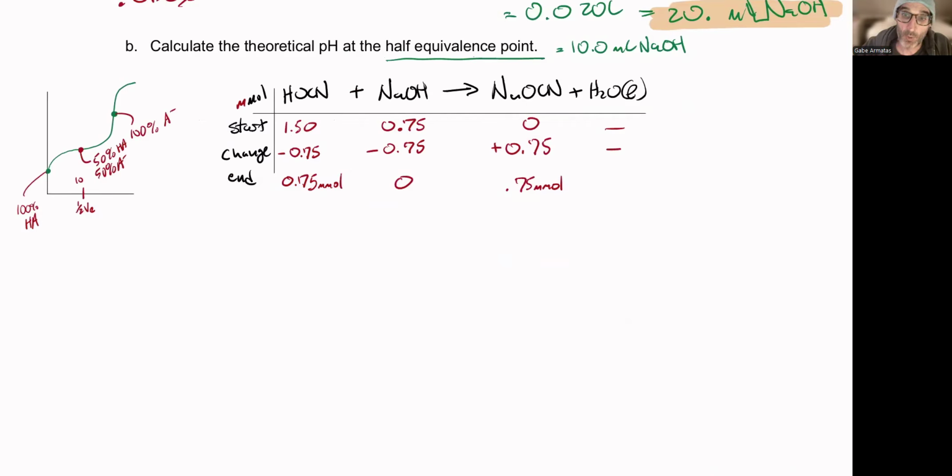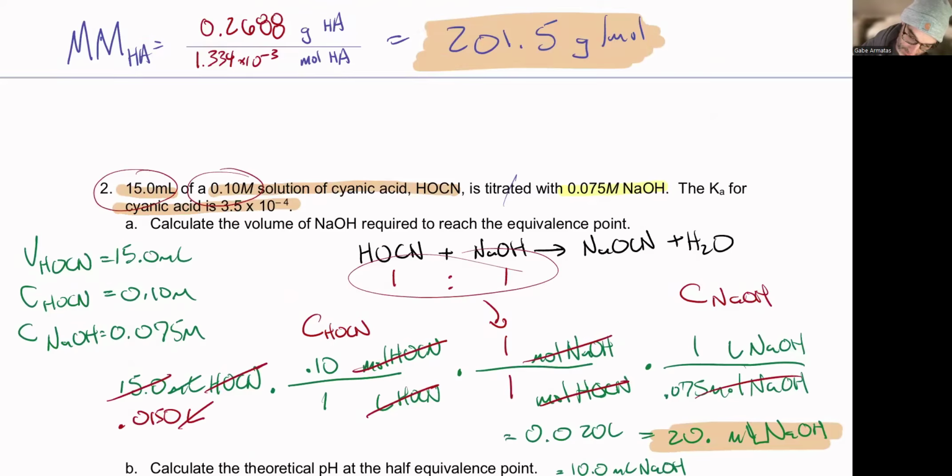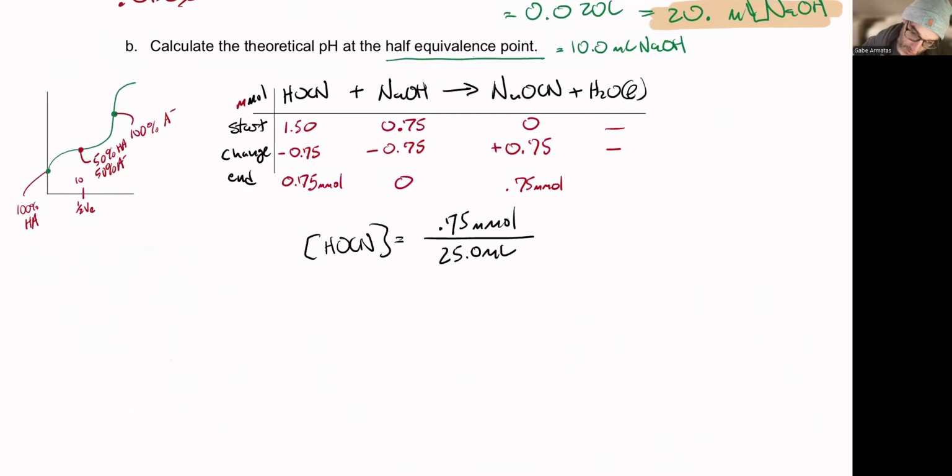So at this moment, my concentration of HOCN is not half of what it was at the beginning. It's actually half of the moles, 0.75 millimoles, now in 25 total mils of water. Again, I want to reiterate, I started with 15 mils and I added 10 mils for a total of 25.